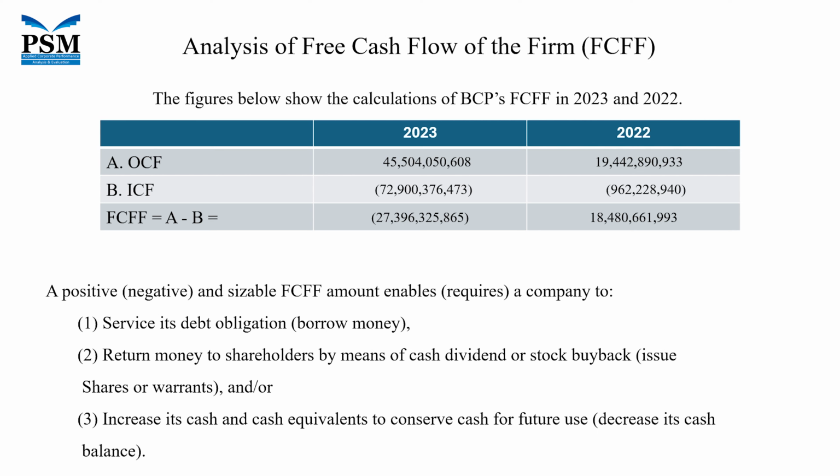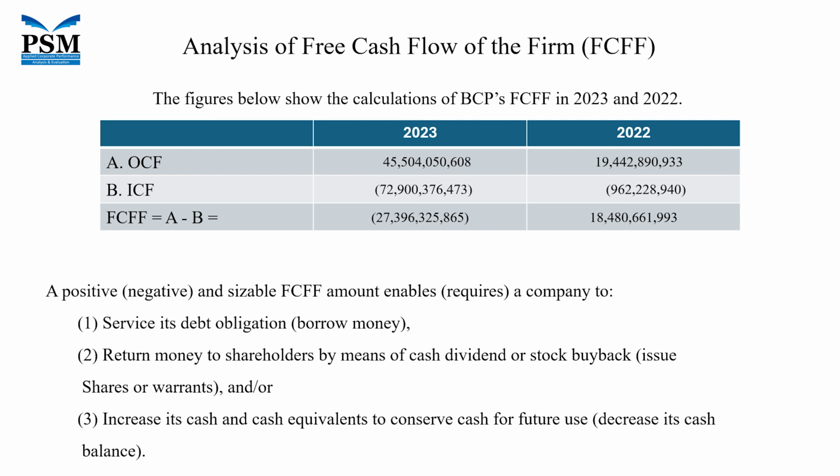So we get a negative free cash flow, meaning the company needs to use external funding to cover the investment amount. So we determine the FCFF of PCP for 2 consecutive years, 2022 and 2023.